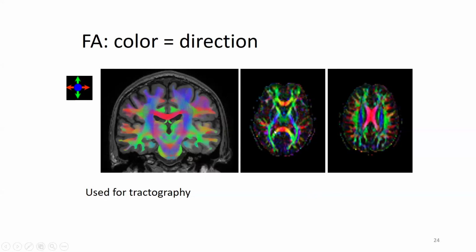But back to this green one, can anyone think of a white matter bundle which is going from front to the back? Where are my eyes? In front of my head. Where is my visual cortex? Occipital, in the occipital part of the head.